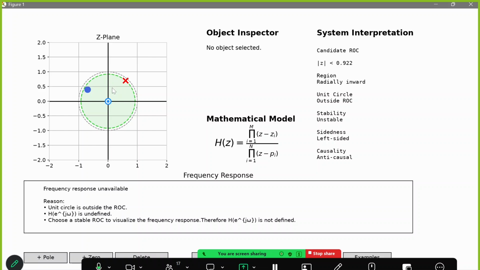Typically, we call this the Z plane. And in class sessions, we already discussed the mathematical model of the Z transform. It looks like this, more or less. This is called the rational form of it. And from this, you see we have zeros denoted by zi and poles denoted by pi.